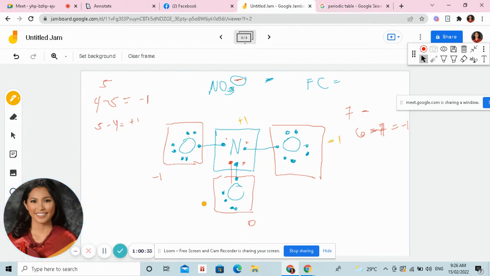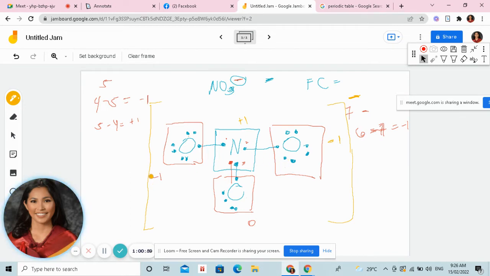Now the total formal charge is usually written in a bracket, then the sign here, positive or negative. This sign just came from the total formal charges of each atom.